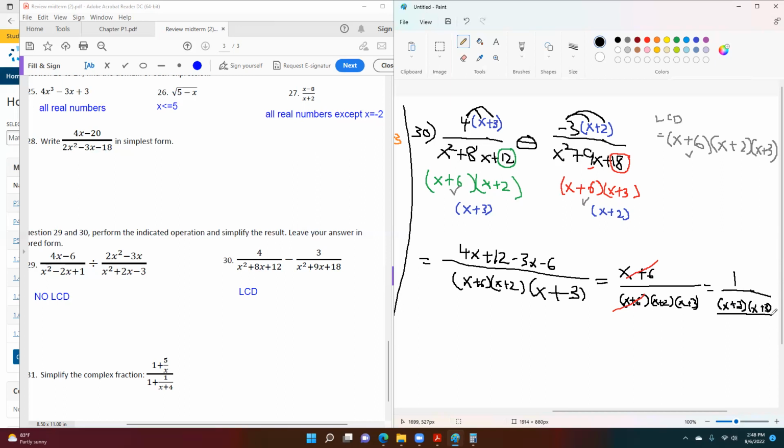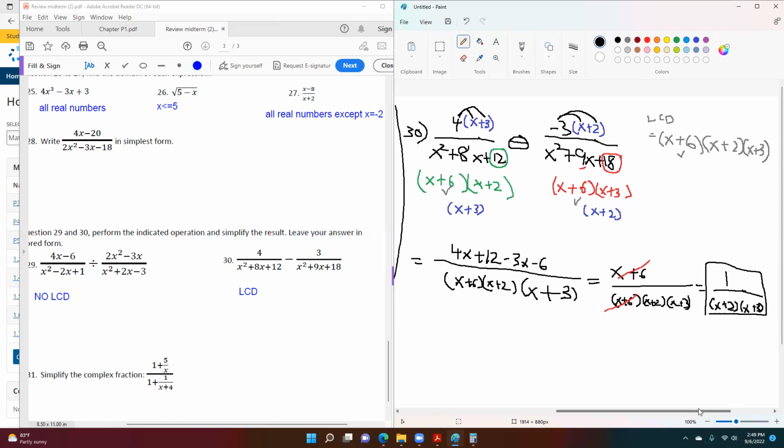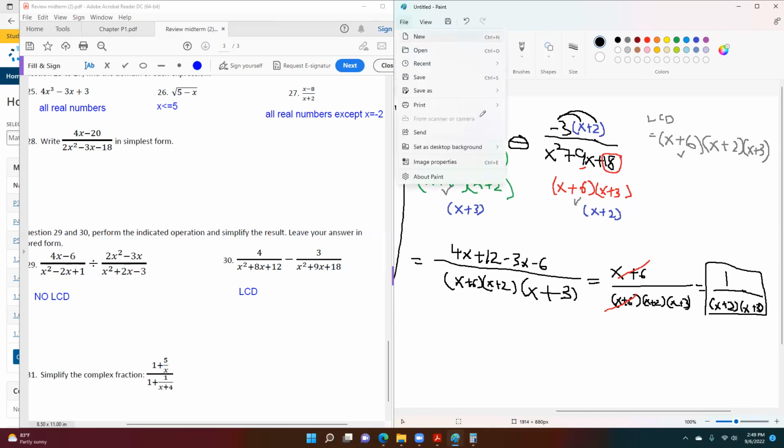Again, leave your answer in factored form, which means do not FOIL this or distribute this. Okay, don't spend your time doing it. So this is how we do question number 30. Questions?